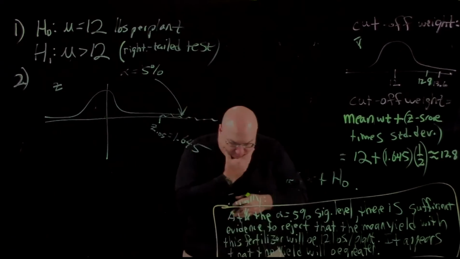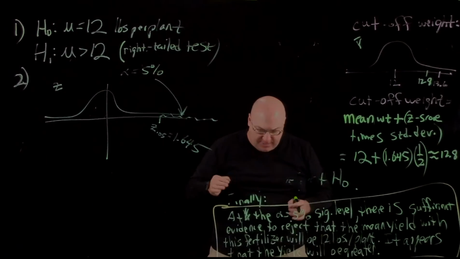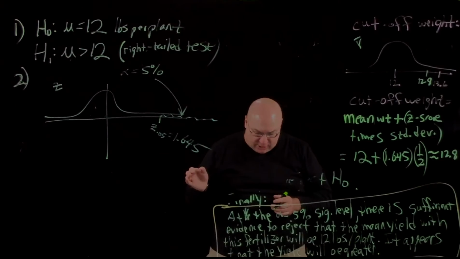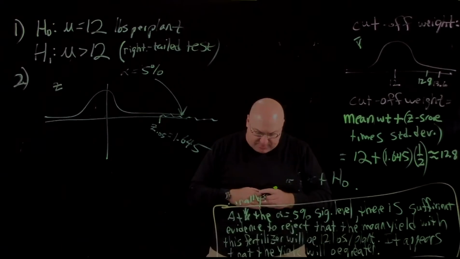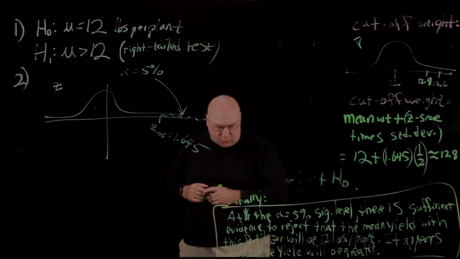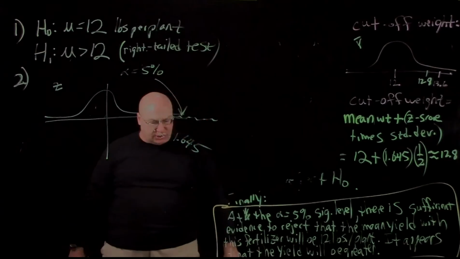And then I say, okay, we compute the test statistic. I didn't do that last time because the test statistic is what we are calling the z-score of our value of the sample mean. So we compute the z-score under the assumption that H naught is true. That is, assuming that the population mean, mu, is still 12 pounds.